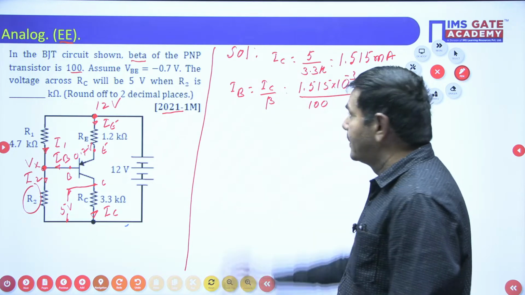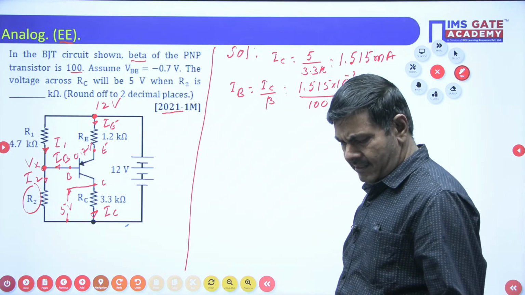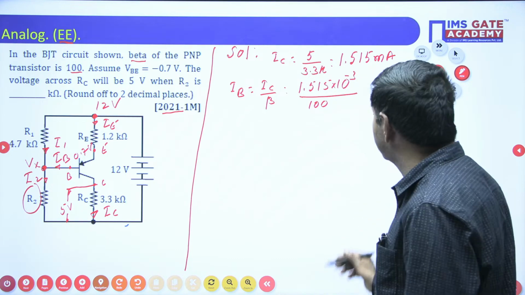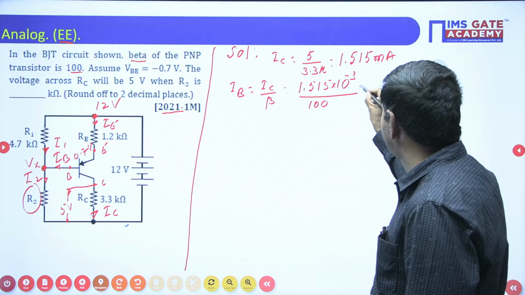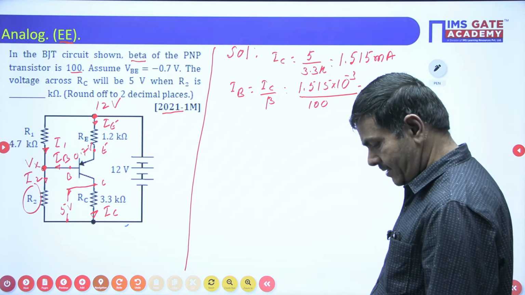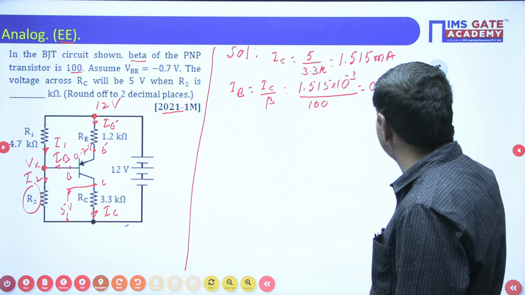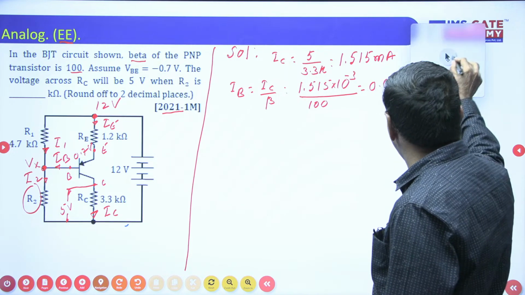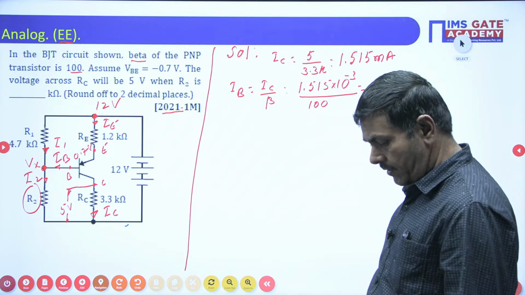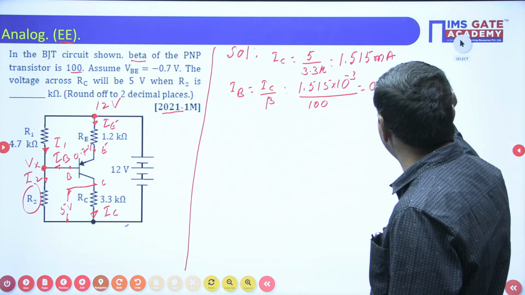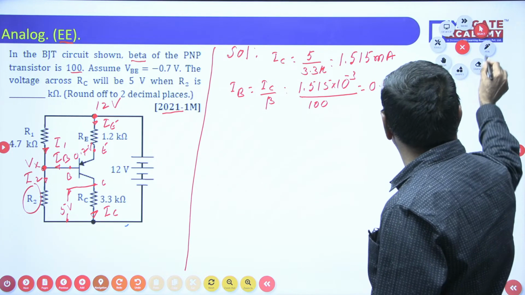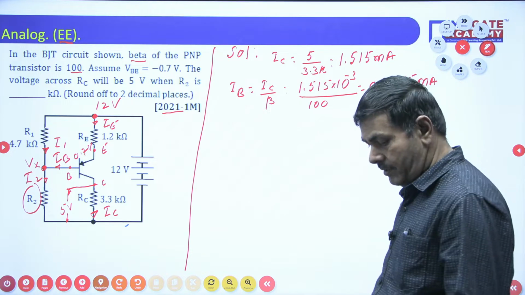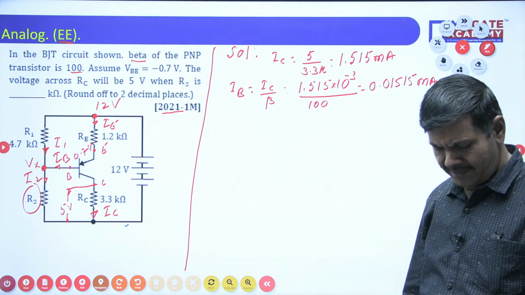That is IB. Finally IB comes as 0.01515 milliamperes.